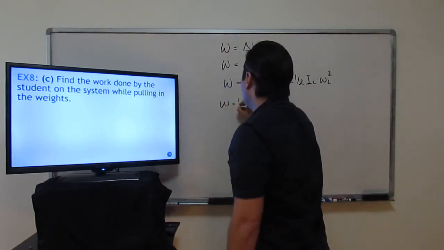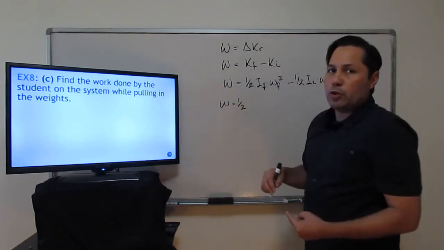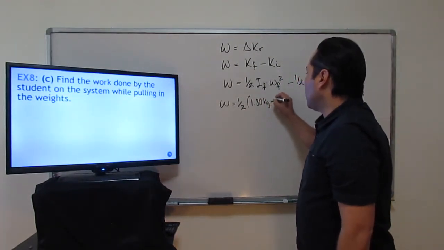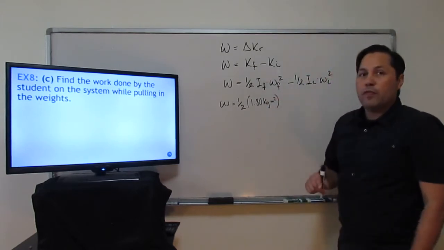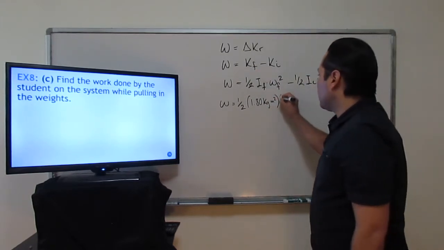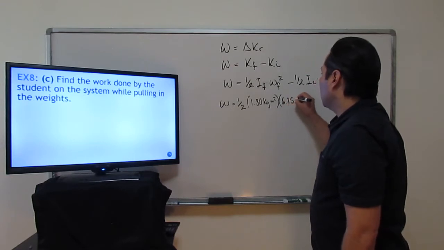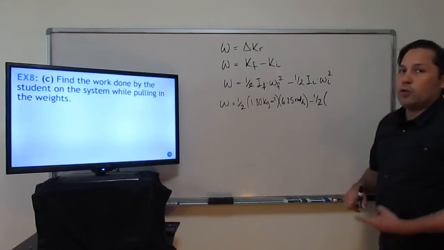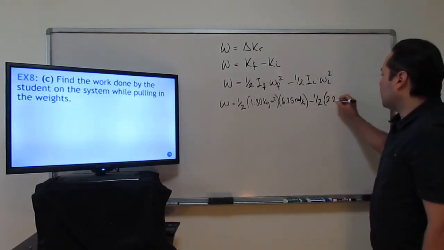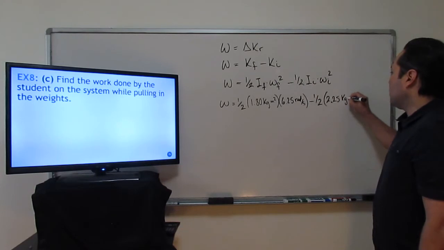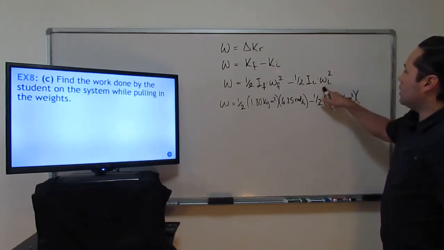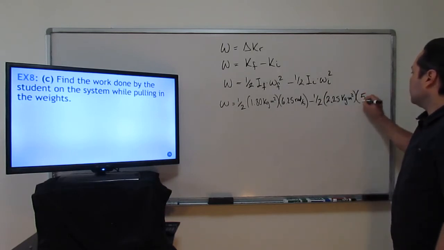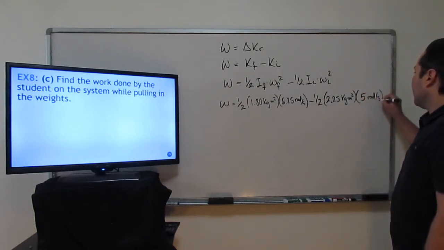So it's going to be 1/2 moment of inertia final, which was 1.8 kilograms times meter squared, angular speed final was 6.25 rads per second, minus 1/2 moment of inertia initial, which was 2.25 kilograms times meter squared, and angular speed initial was 5 rads per second, and that is squared.